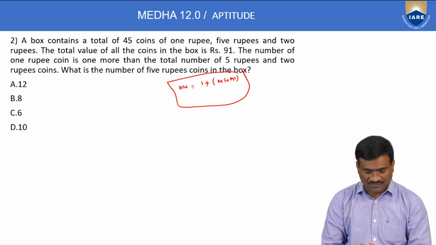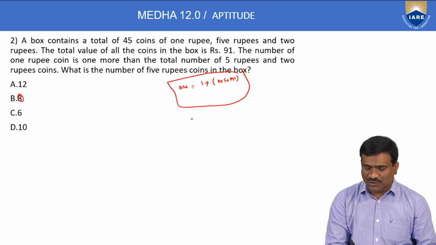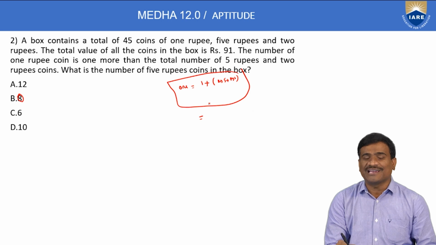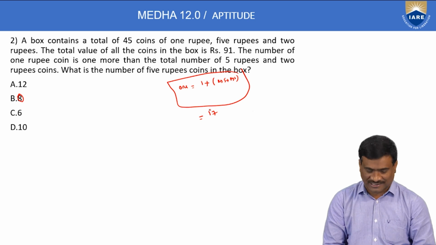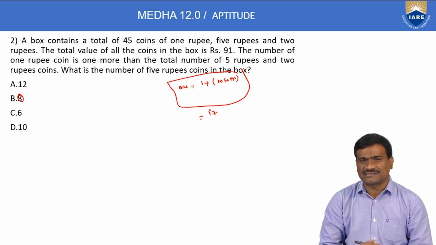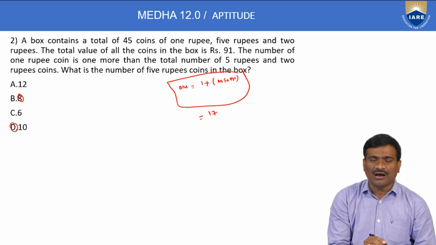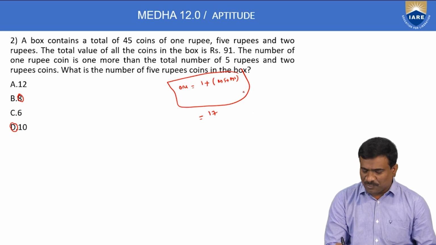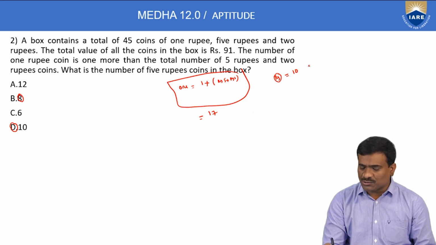This is not correct. Suppose option B: 1 rupee coins is 1 plus 8 plus 8, which is 17, plus 16, that is 33. Again not correct. Option C is again not correct, because that value is less than 45. Remaining option D: suppose the 5 rupee coins assumption is 10 coins and 2 rupee coins also 10.